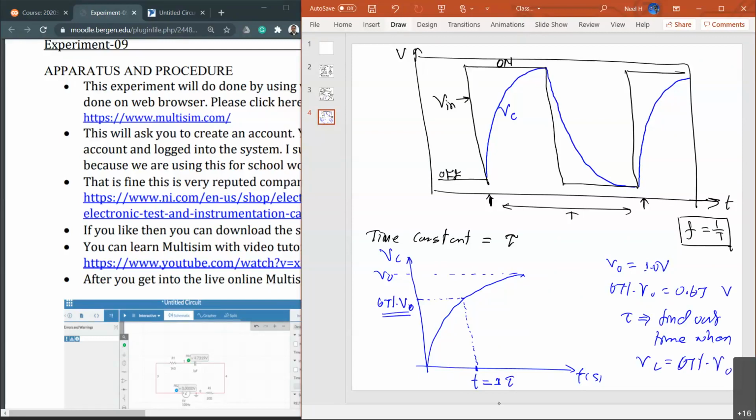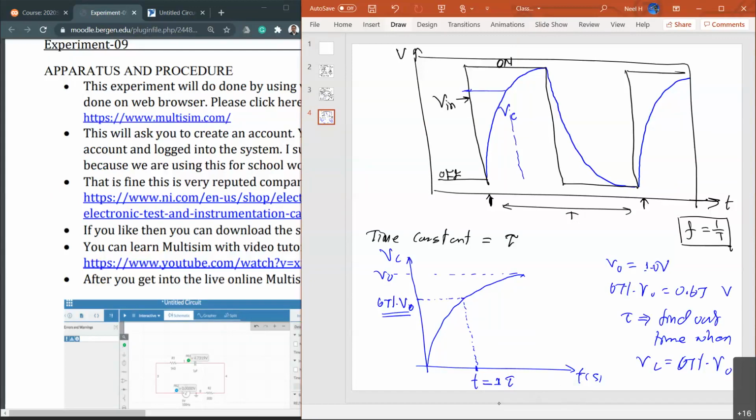That's the plan. It's very simple because you already have the graph on your simulator, or if you're doing this experiment in class, in your oscilloscope you're going to see this exact behavior. Then all we have to do is figure out where the 67% point is, go downward, and measure the time value there.